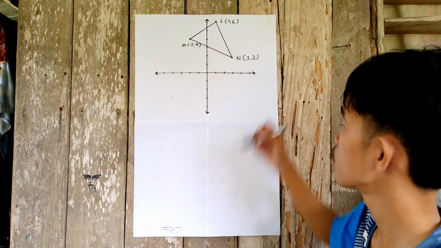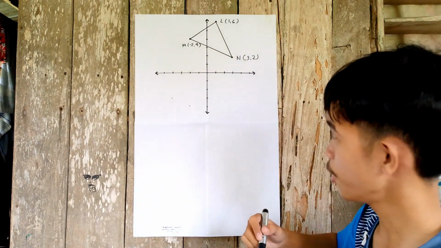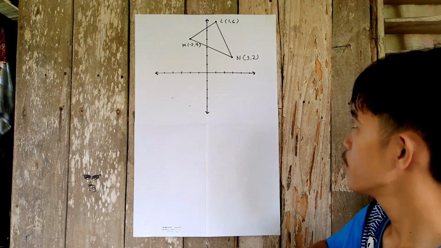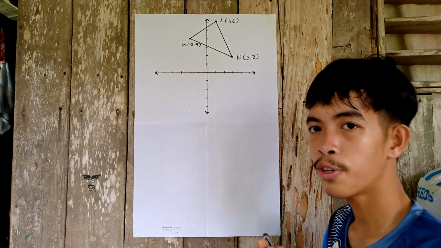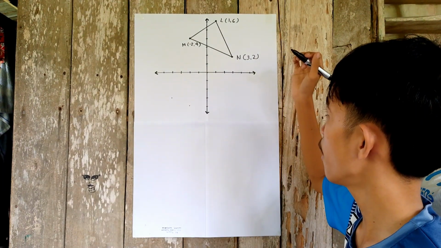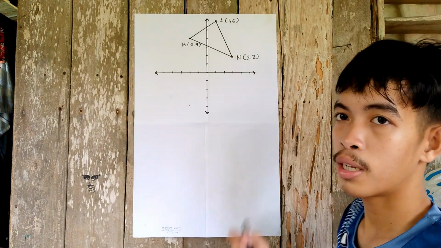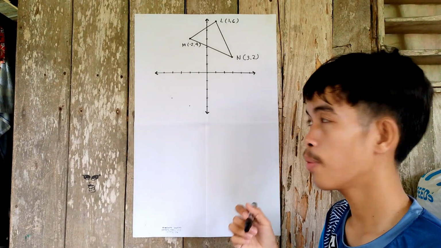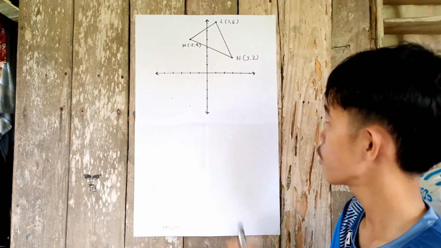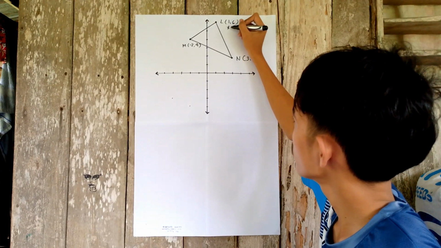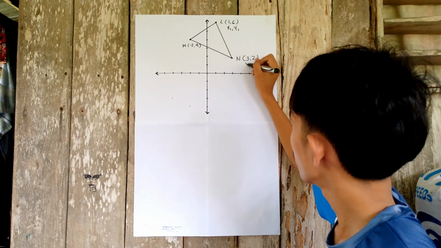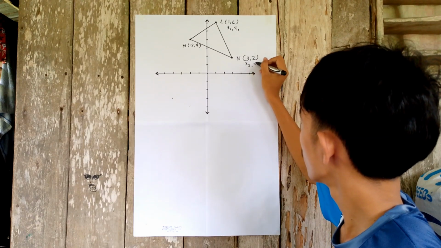So given these coordinates, L is 1 and 6, and N is equal to 3 and 2. So first we will assign which will be our x1 and y1 and x2 and y2. So our x1 is here, and y1, x2, y2.